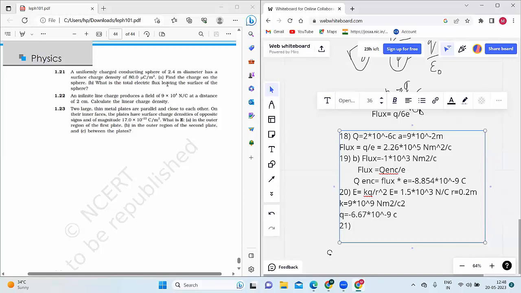What is the total electric flux leaving the surface of the sphere? The diameter of the sphere is 2.4 meters.